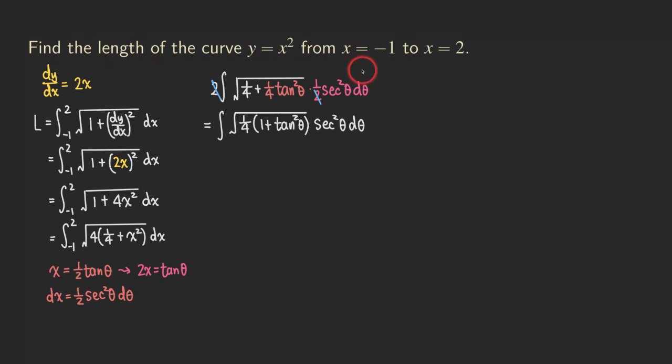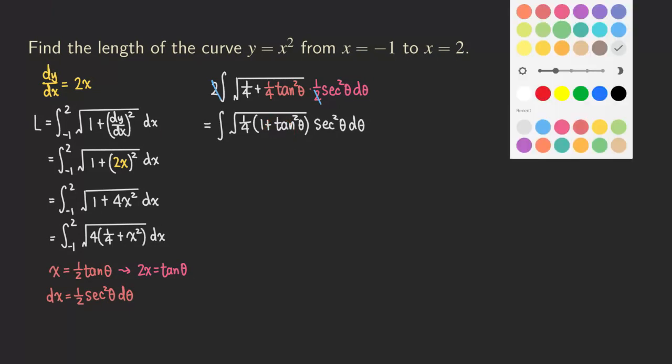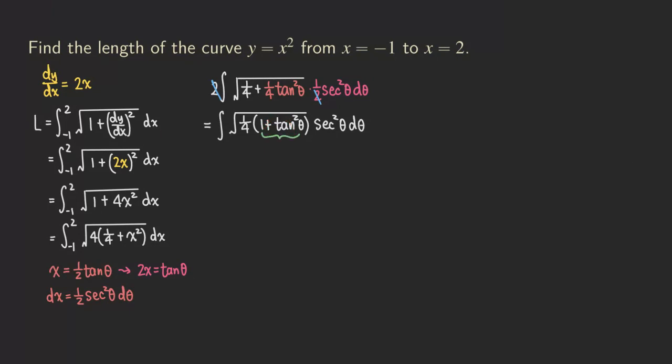Now what? Now, this 1/4 does not matter. You can take it outside the square root, which will become a 1/2. And then that 1 plus tangent square will give you a, what is that? That's going to be a secant square, right? Secant square theta. But don't forget that that's also inside the square root. So you are going to have the square root and the square cancel out, right? So that will actually give you secant cube, as you can see here.